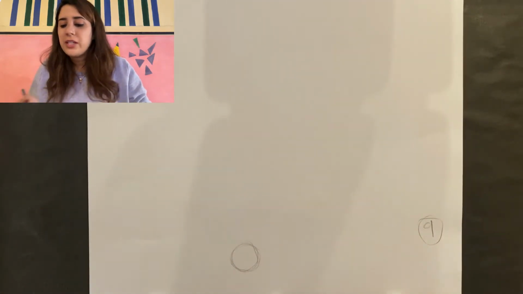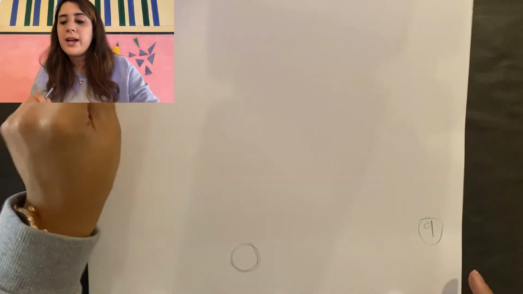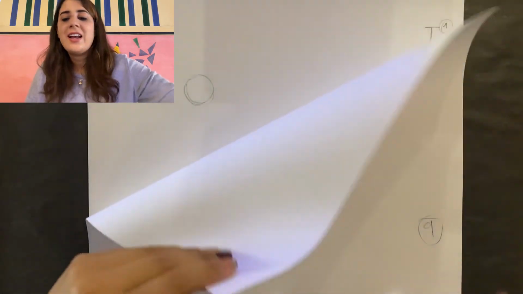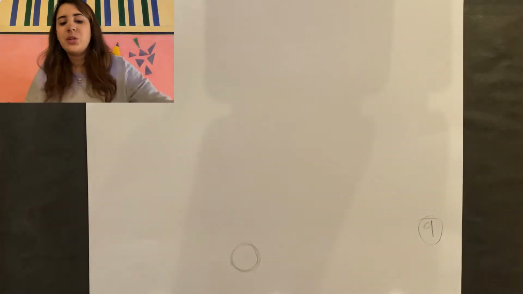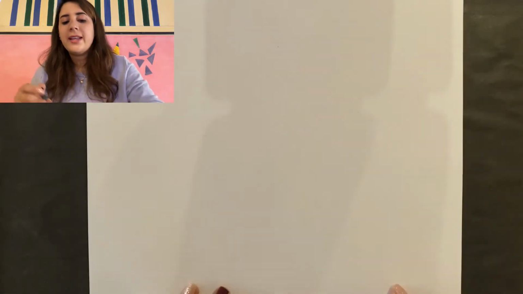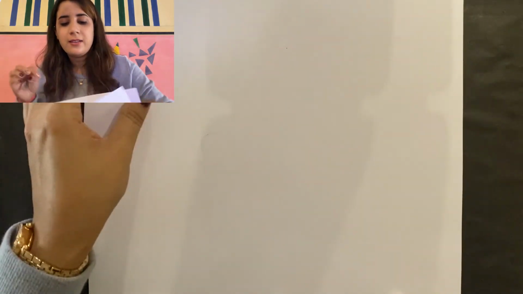So since we already have our drawing number 1 and our drawing number 9, we're going to add our in-between. We're going to grab another piece of paper and draw somewhere here, and we can flip again just to give us an idea. There it is, somewhere around here.